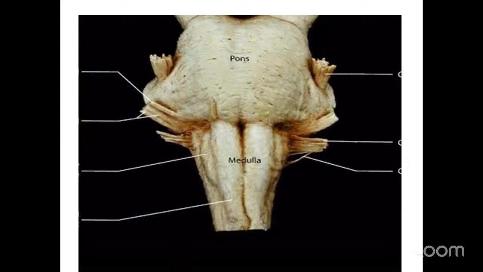They come here, decussate, and go down contralaterally. Anterolateral to these pyramids, on either side, is another elevation called the olive, because of the olivary nucleus. In between the pyramid and the olive, we can see a sulcus, the medullo-olivary sulcus.